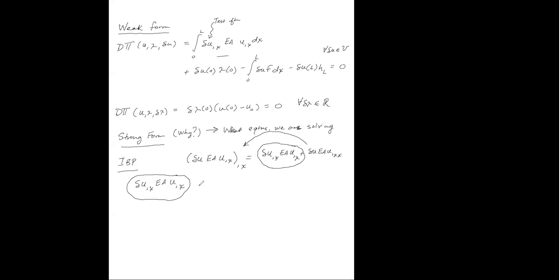So this guy right here is going to be equal to delta u EA, and notice there's no differentiation now on the test function, u comma x, minus delta u EA u comma x x, and then let's just go ahead and integrate these guys.